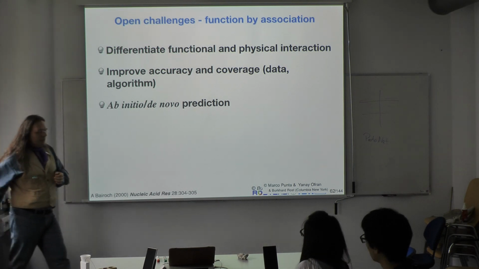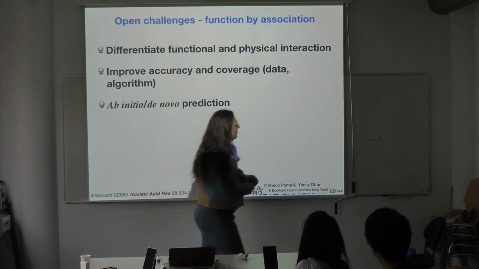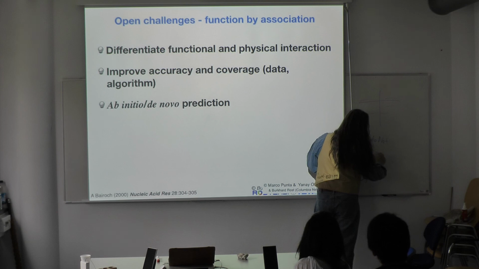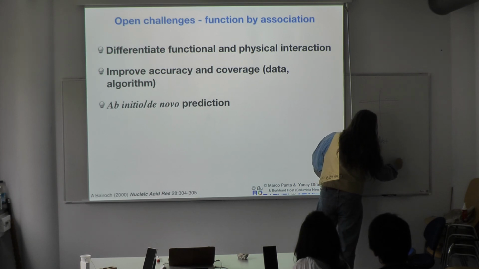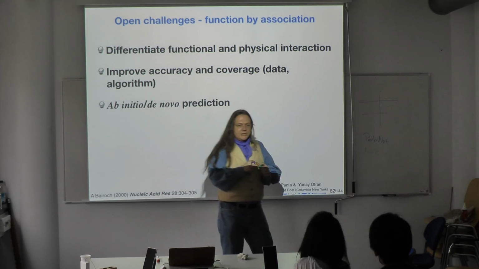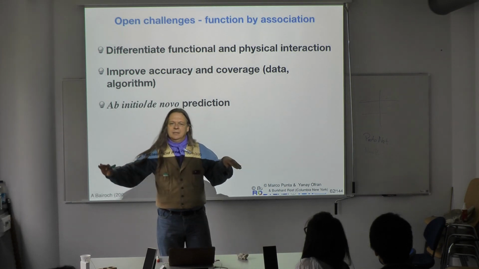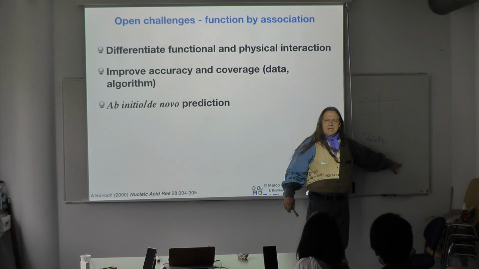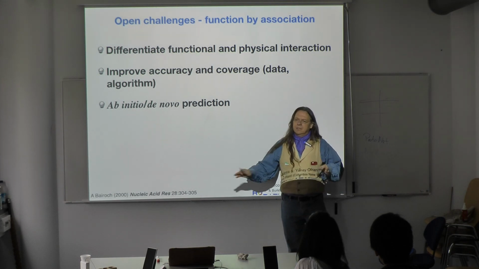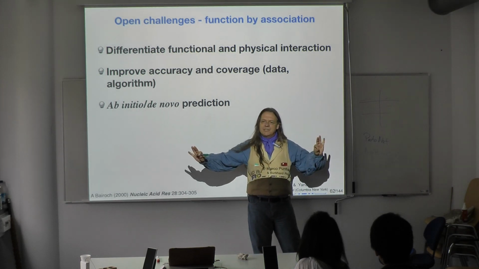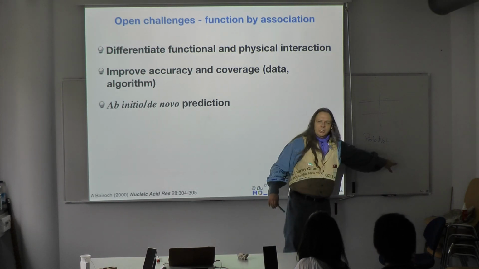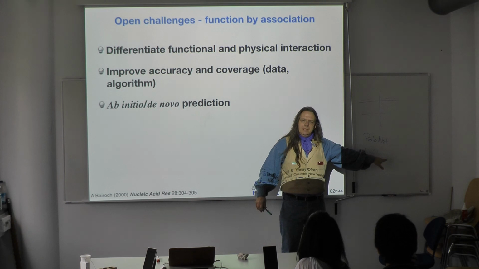So the story, and I will get back to that later in the lecture, is A activates B, activates C, activates D. In a cycle like that, on a path like that, A and D would be co-expressed, simply because they are all part of the same reaction, but they would not interact with each other, right?